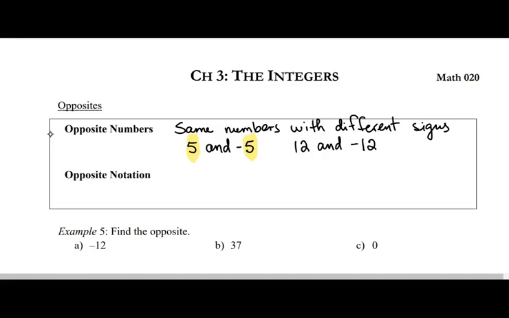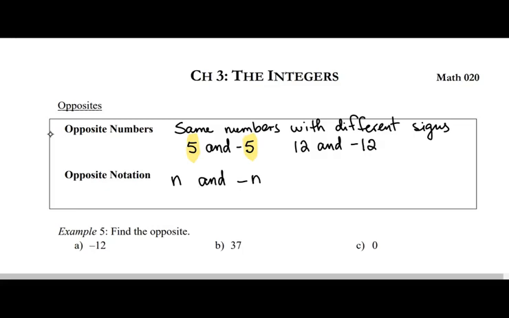Okay. The opposite notation is you have the number n and -n. So when you put the negative in front of a number, it could mean a negative number, it could mean subtraction, but it also means opposite notation.